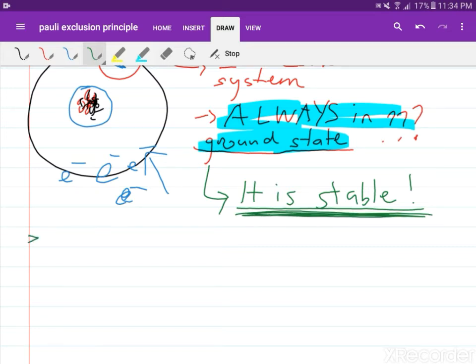So for example, we have the elements fluorine, neon, and sodium.